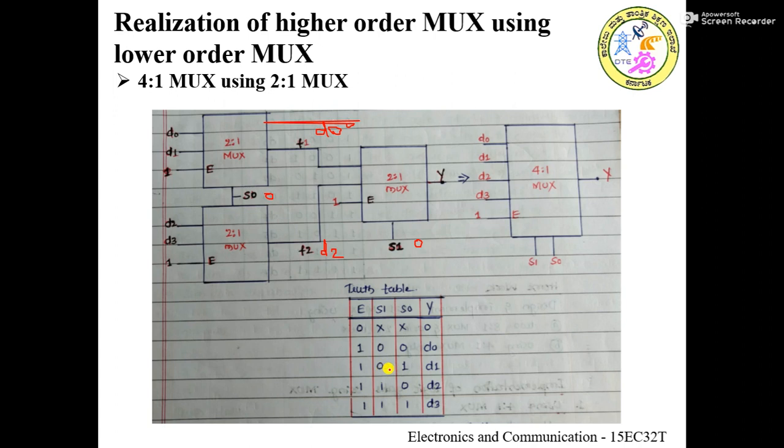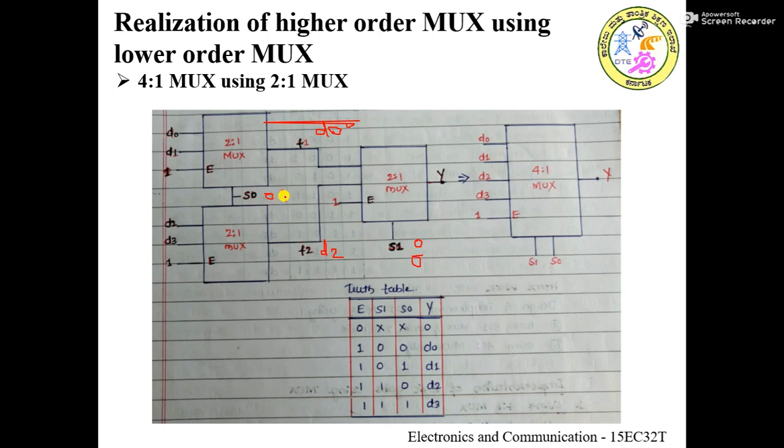Next combination with 0 1, let's make this again as 1 and this as 0.